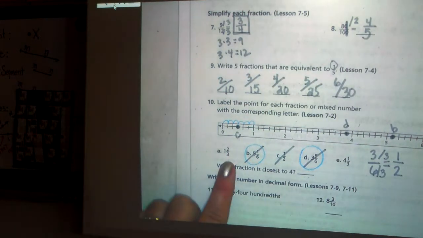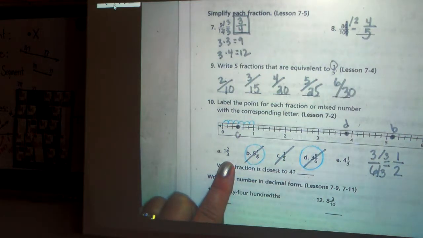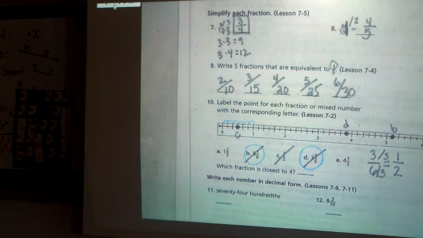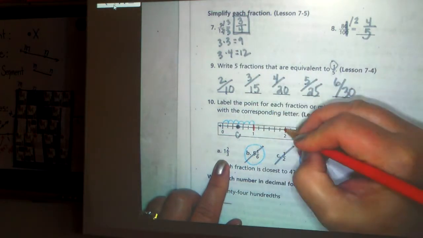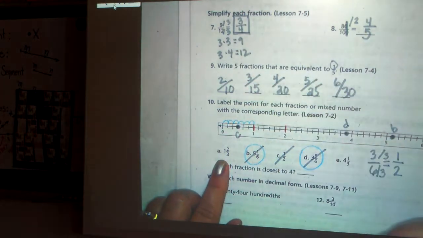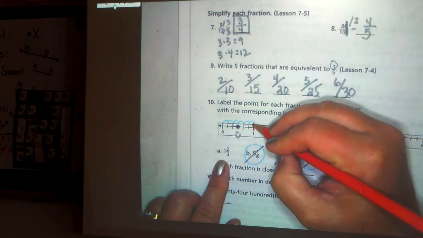Now what do you know about thirds that will help you with this particular part? You know that 3 times 2 is 6. So if you take a look between 1 and 2, I need equal sized pieces that equal 3.